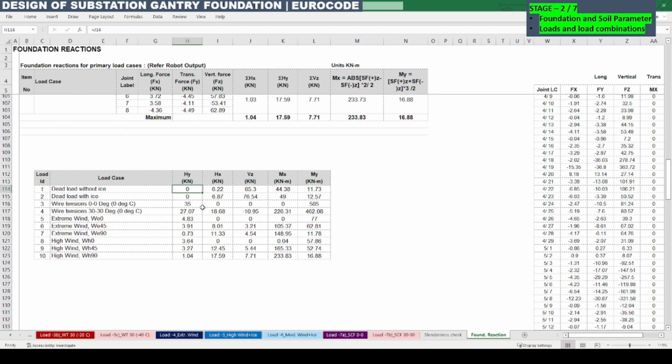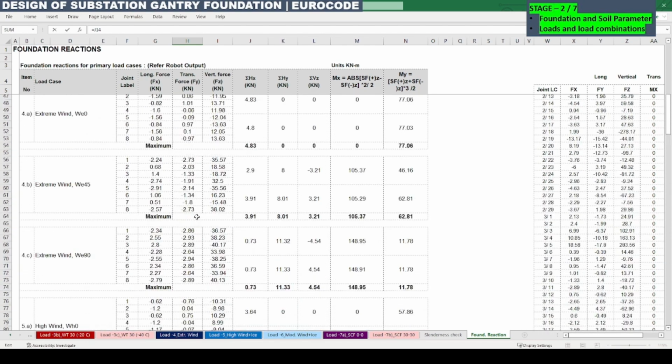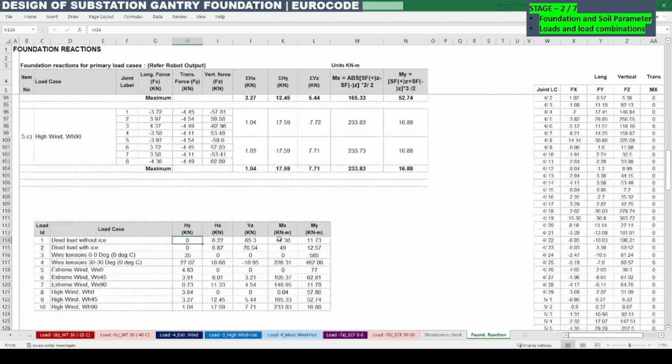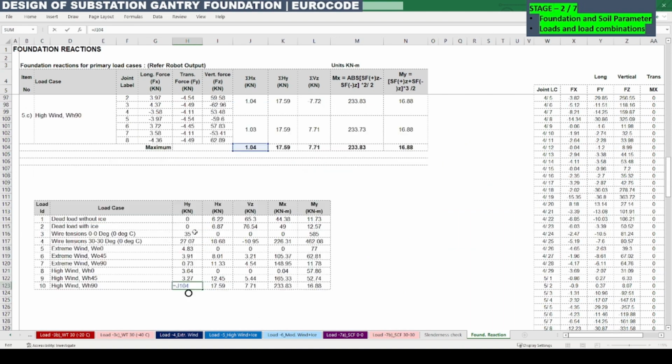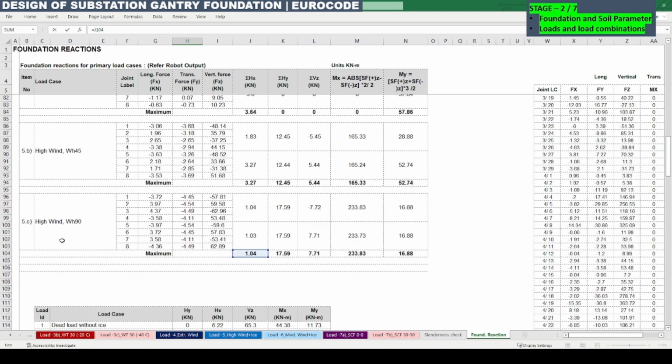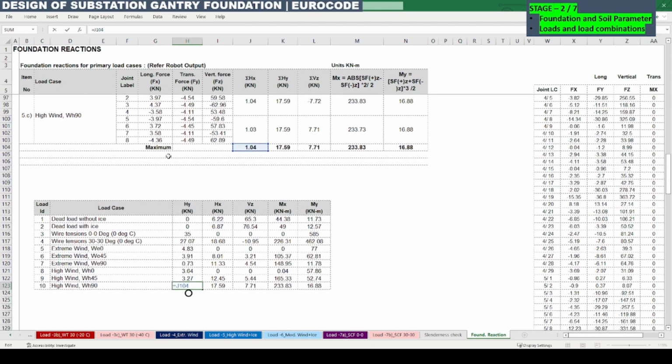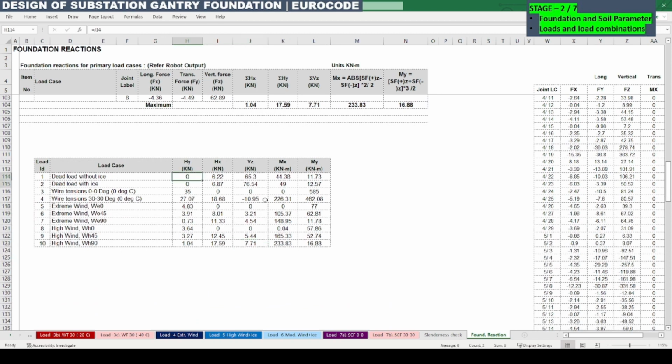Here, what we have linked is, for dead load without ice cases, we are selecting this maximum value. Similarly for all the cases, even for high wind 90-degree, we need to select the maximum value cells. This is the main value we need for foundation design.